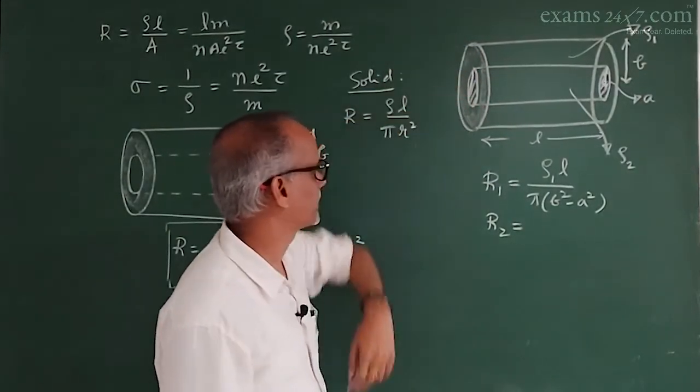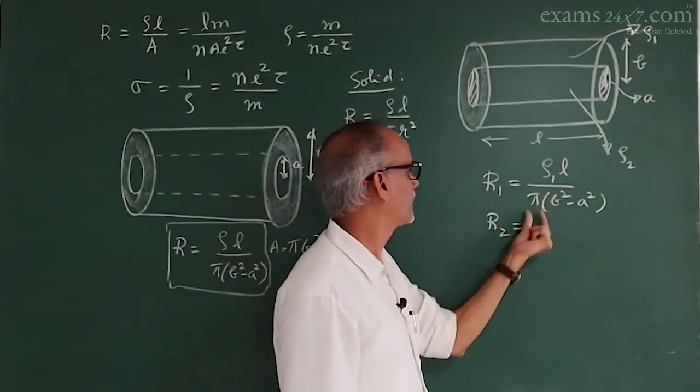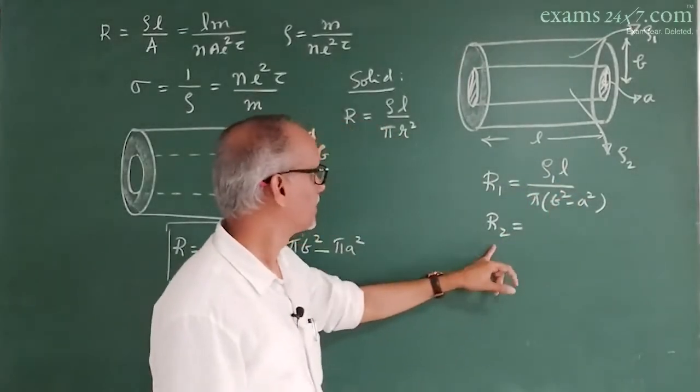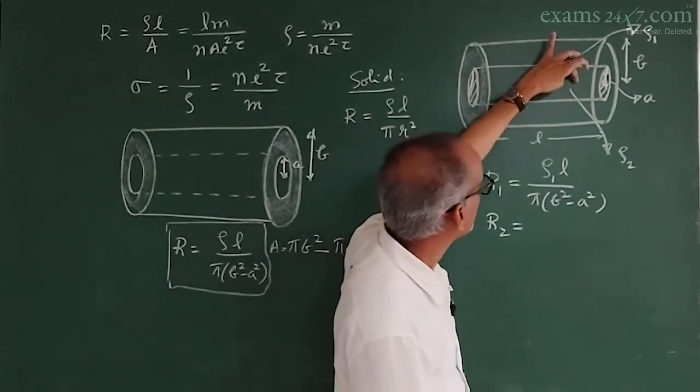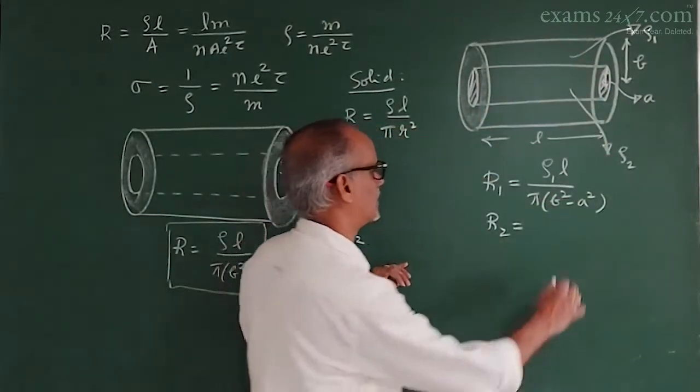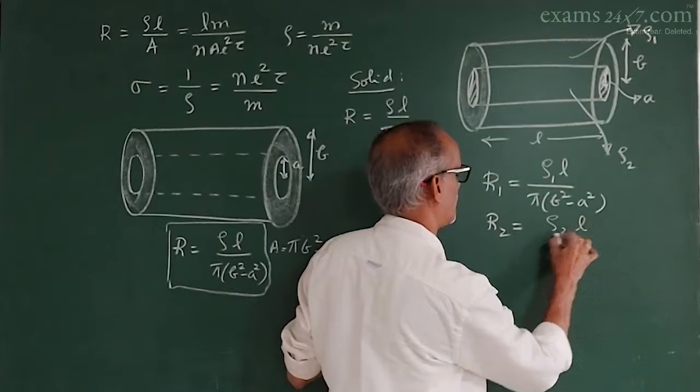So R1 is rho 1 L by pi (B square minus A square). Similarly, R2 is that of the inner cylinder, which is rho 2 L by pi A square.